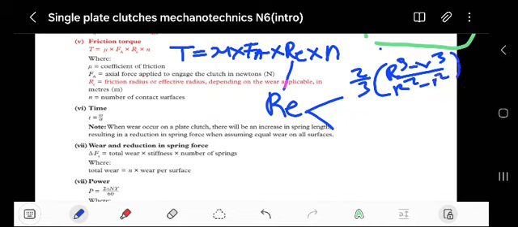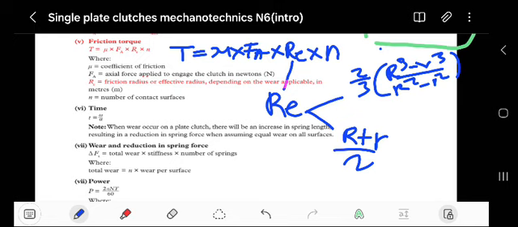But if you're given uniform wear theory, we'll have (R plus r) over 2. This will depend on what theory you're given. It depends on whether you're dealing with the old clutch or the new clutch. You understand me, right?